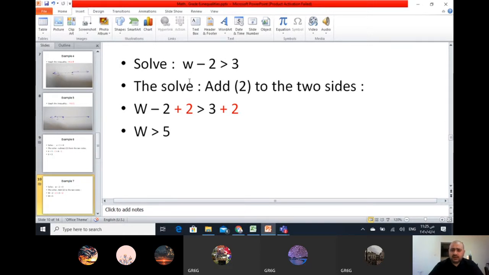So I can write minus 2 plus 2, and on the second side 3 plus 2. Minus 2 and plus 2 will be 0, so w remains. And on the second side 3 plus 2 will be 5. So the solution is w greater than 5.